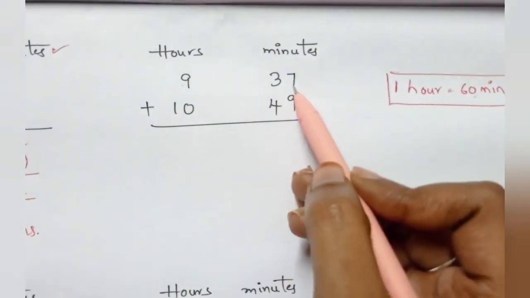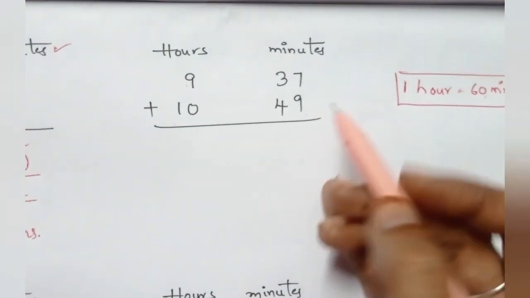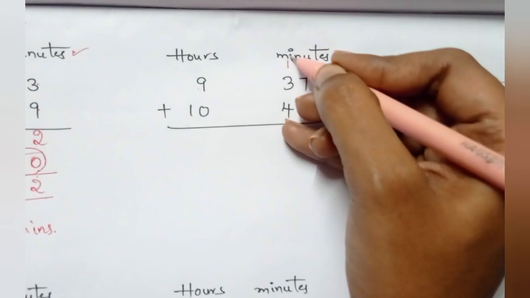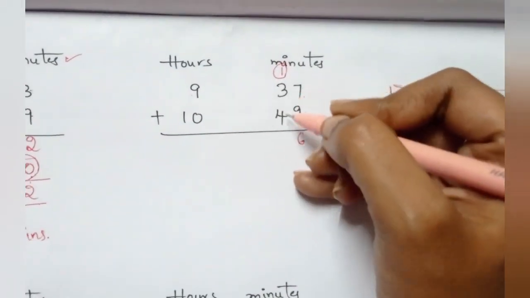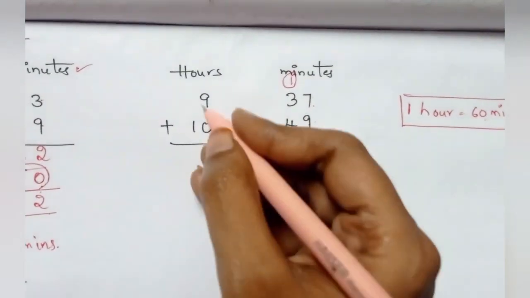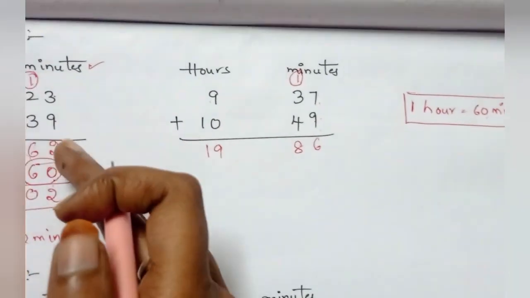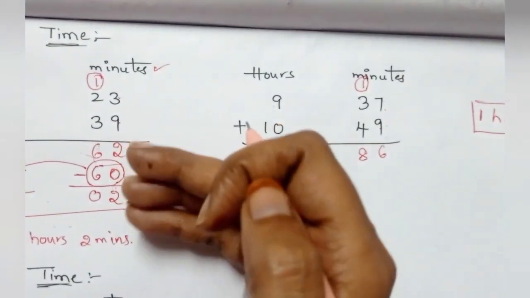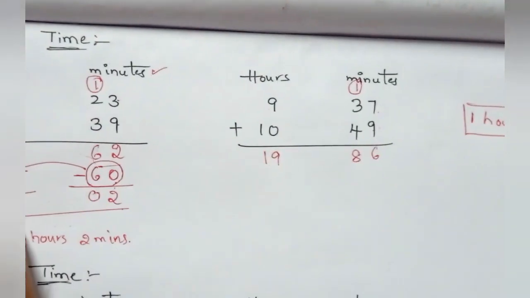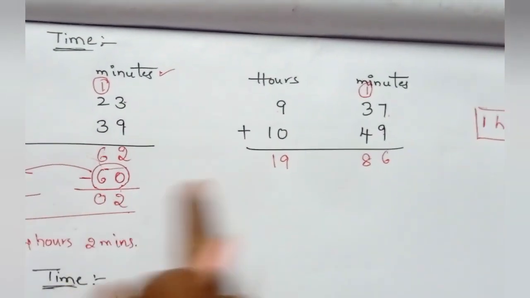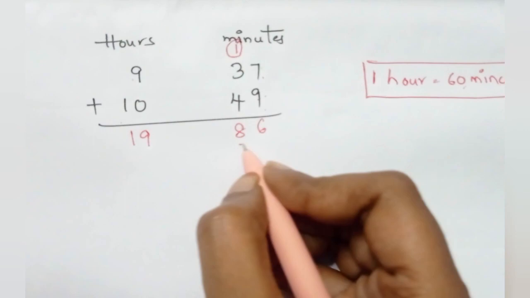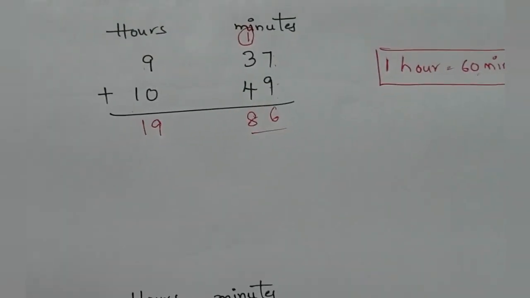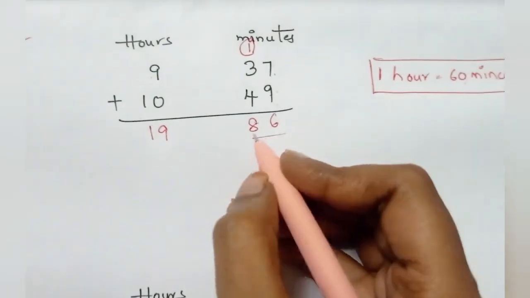So, 9 hours 37 minutes plus 10 hours 49 minutes. 7 plus 9, 16. 9 plus 1, 10, 10 plus 6, 16. 3 plus 4, it is 7, and here 19. Do the two steps here, so if you do the rough work here itself, it will be clear for you. Okay. See here again the answer is more than 60, where you have to do the subtraction again.